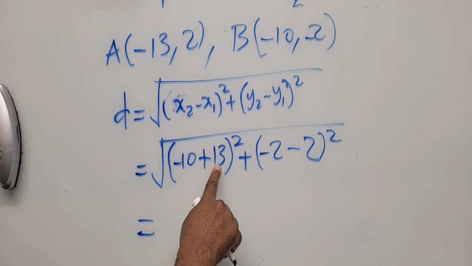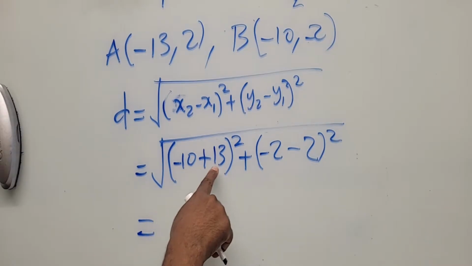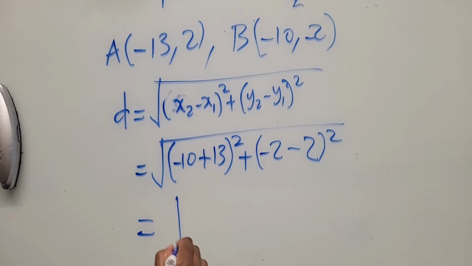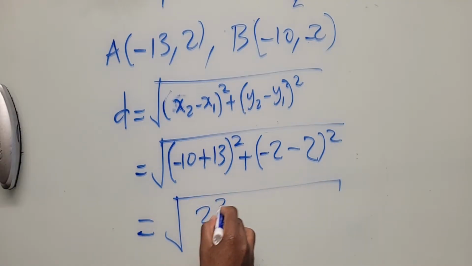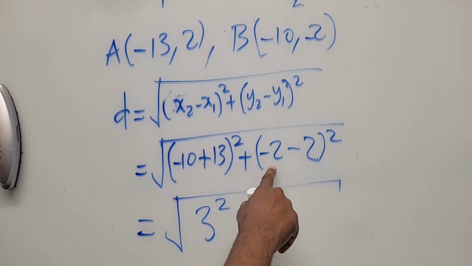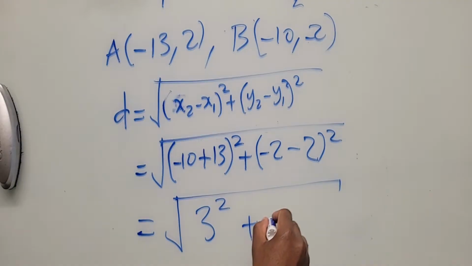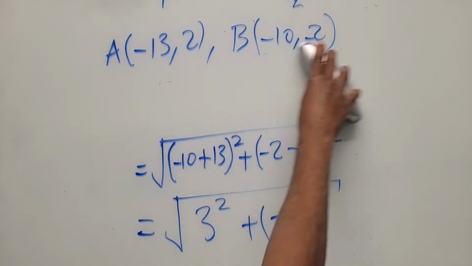Okay, if you're following, this is just 13 minus 10, and that is just my beautiful 3, which I will square. Then plus, negative 2 minus 2 will be negative 4, but I square, which is very simple. Then we'll go ahead and simplify. So 3 squared is just 9.